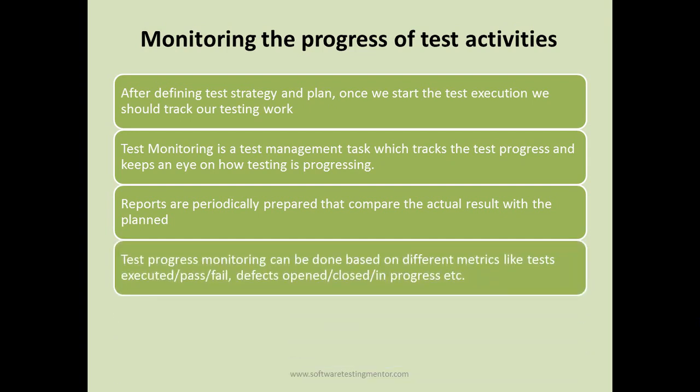Test progress monitoring can be done based on different metrics like test executions done: how many test cases have been executed, how many among those passed and how many among those failed. Or it can be done based on defects: how many defects are open, closed or in progress.